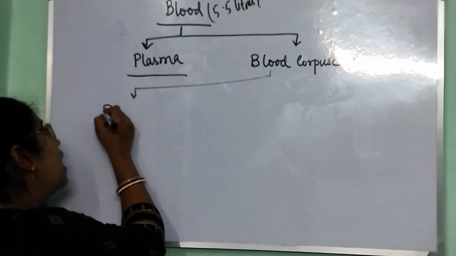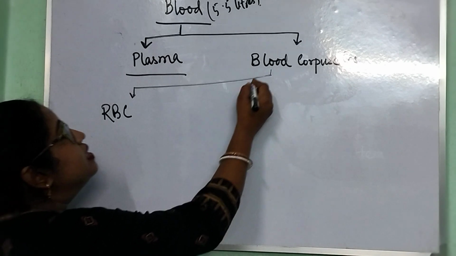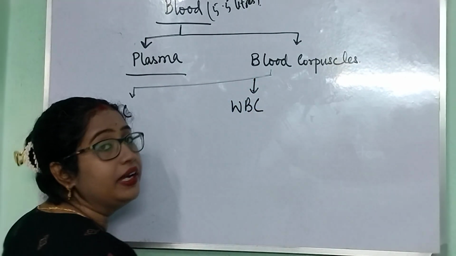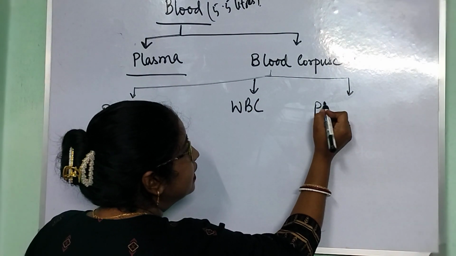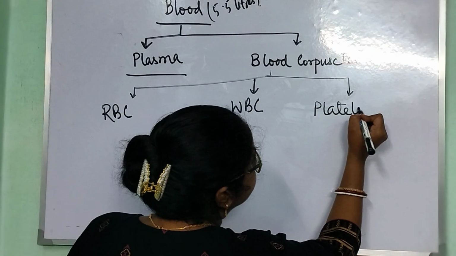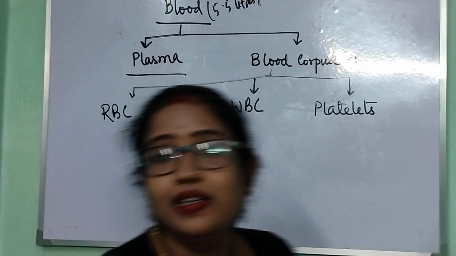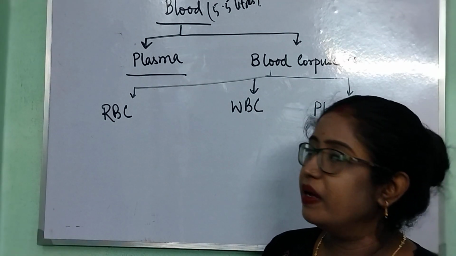First one is RBC or the red blood cell. Second one is WBC or the white blood cell, and the last one is platelets. So let us discuss all these blood components one by one.